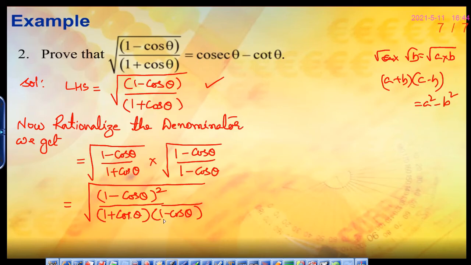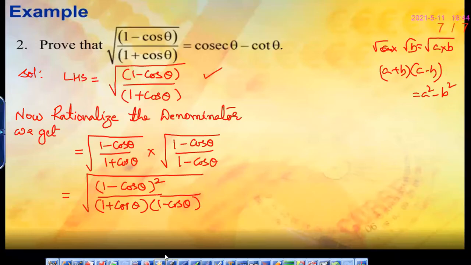So 1 plus cos theta into 1 minus cos theta is in the form of A plus B into A minus B. So I am replacing this here: under root of 1 minus cos theta whole square divided by A square minus B square, so 1 square minus cos square theta. Children, you know 1 square means 1. So 1 minus cos square theta.